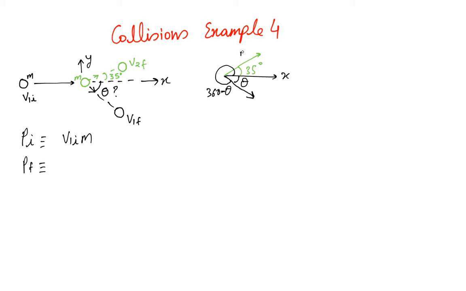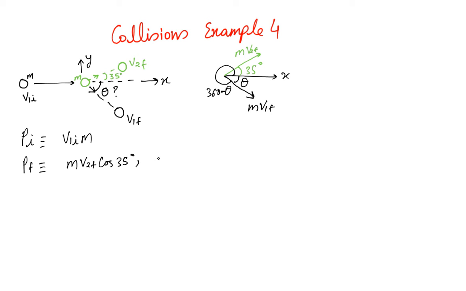Okay, so the final momentum of this particle, we can always resolve it. We know this is m v2f, and this one here is m v1f. So this is the final momentum of the green ball. If you resolve it in the Cartesian system, it should be m v2f cos 35 degrees in the x direction.